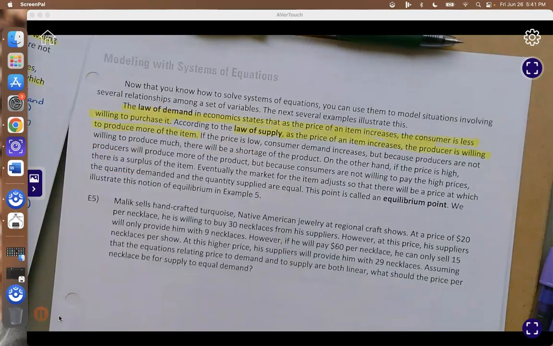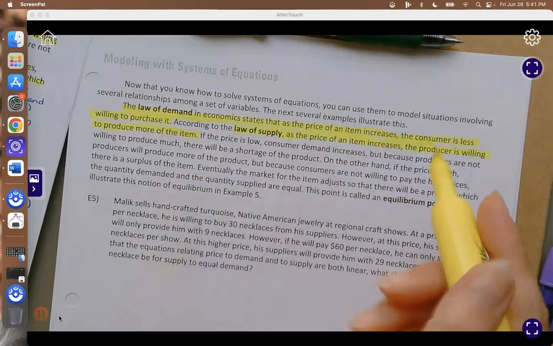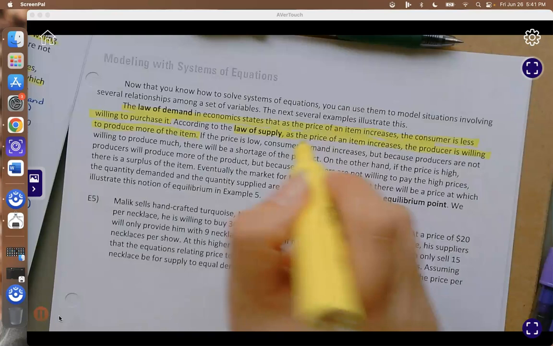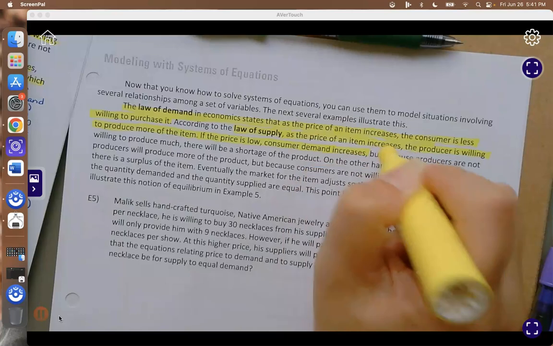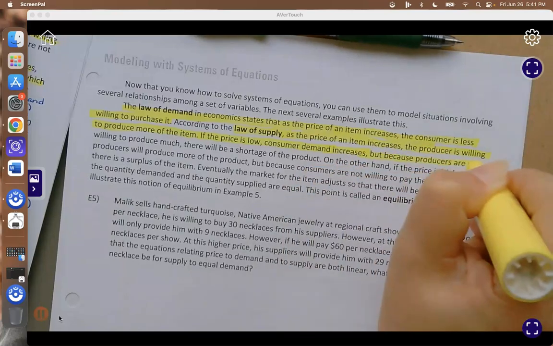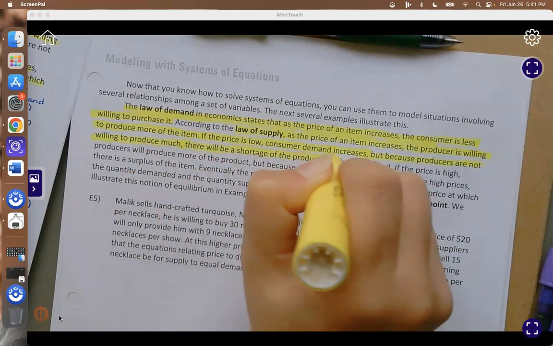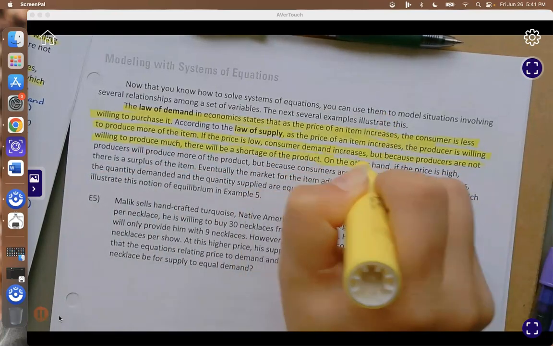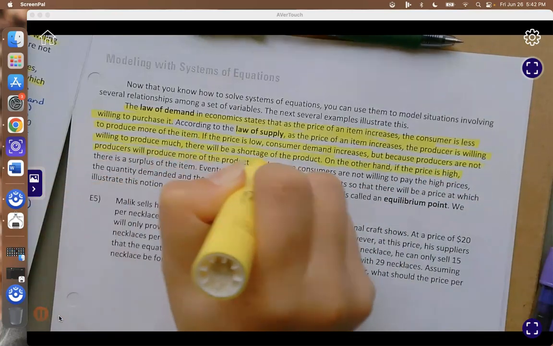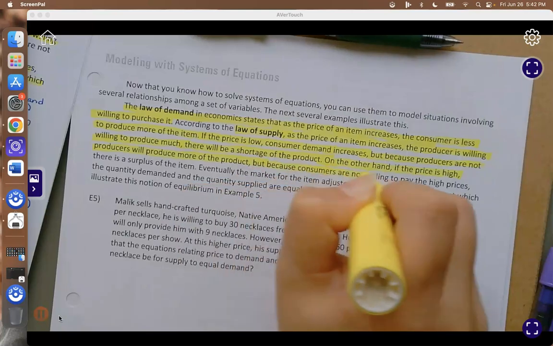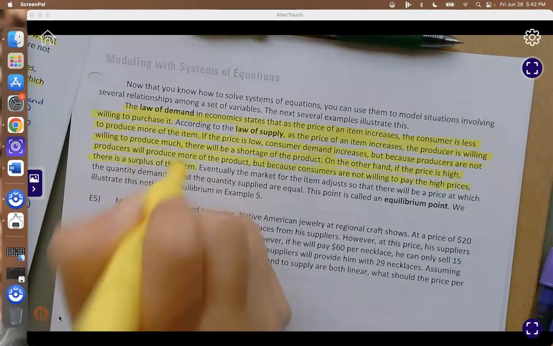On the other hand, if the price is low, consumer demand increases. But because the producers are not willing to produce much, there will be a shortage of the product. If the price is high, producers will produce more of the product, but because consumers are not willing to pay the high prices, there is a surplus of the item.